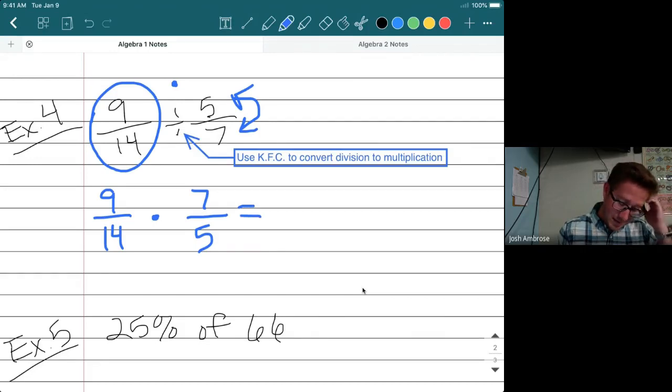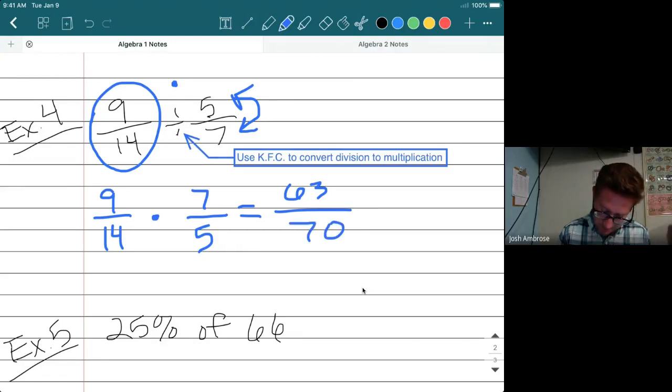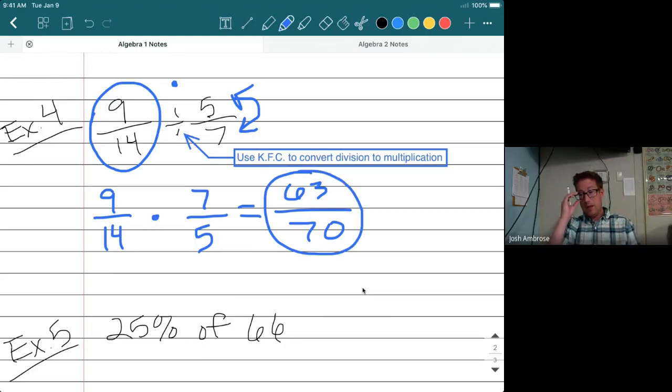All right, so 9 times 7, 63 over 14 times 5, 70. All right, and there we go. Okay, so if we are again capable of leaving it as is, let's just go ahead and leave it as is.